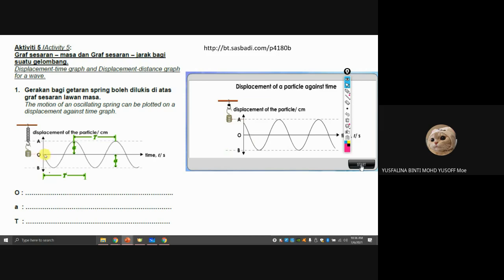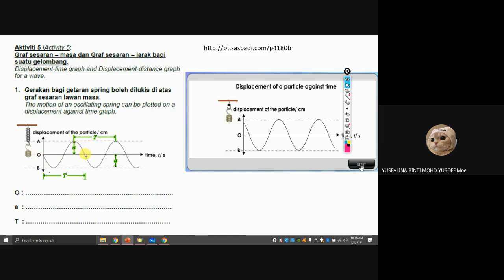And then after that when you go back to O, it means it's back at the equilibrium position, so it's at this point. Then it will go up to A, so now it will increase until it reaches the maximum displacement here. We call it the amplitude. So it reached point A, and then it will go back to point O, at the equilibrium position.